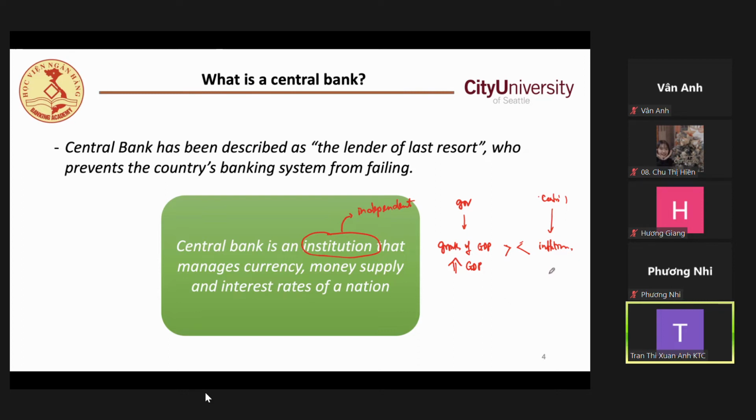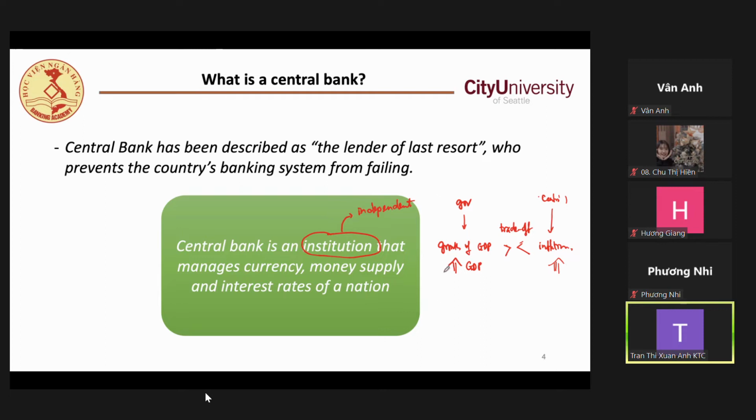But if more money goes out to the economy, the inflation rate will increase, and it reduces the value of domestic currencies. So that's why we call these trade-off objectives. It means if the government follows high GDP, they need to pay with high inflation.